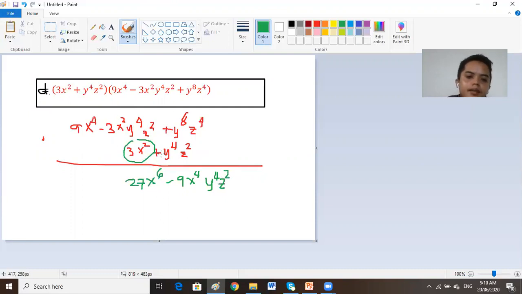And then plus 3x squared times y^8 z^4. So that is 3x squared y^8 z^4.